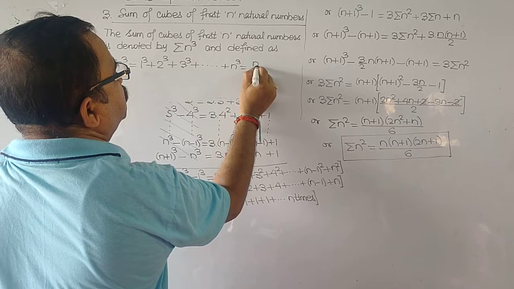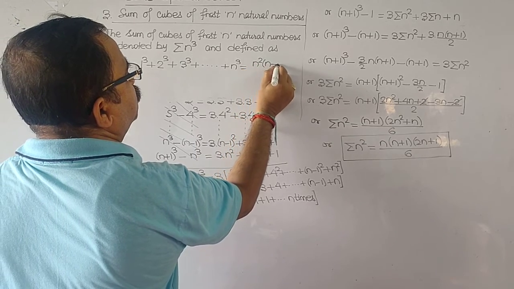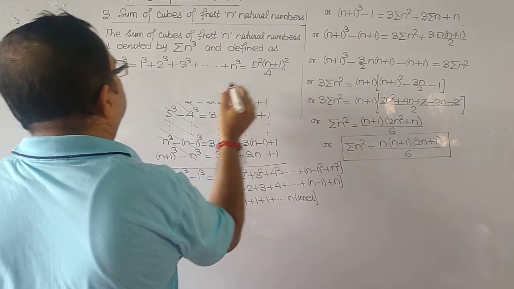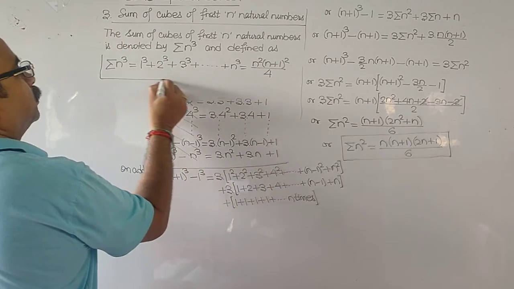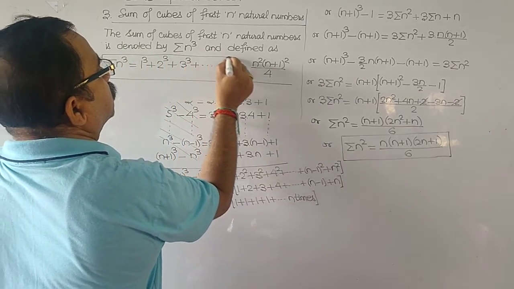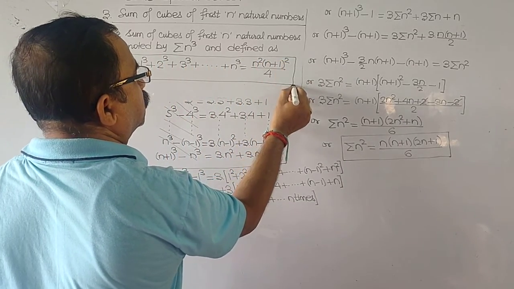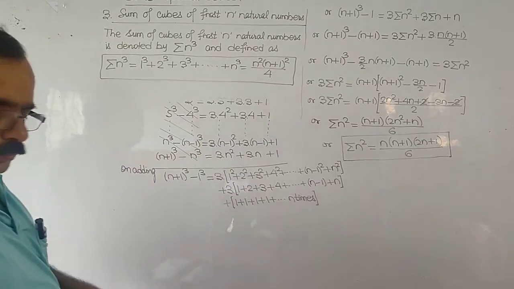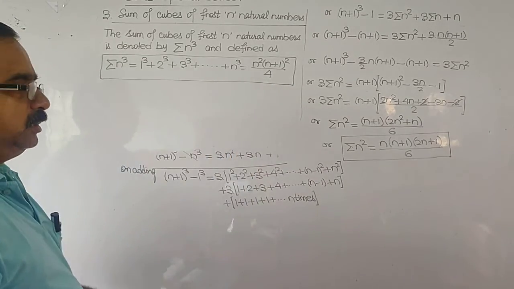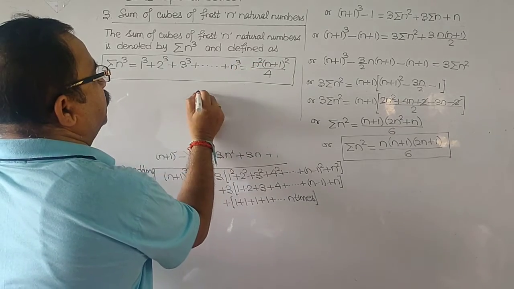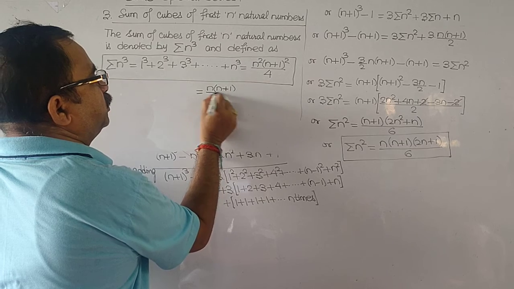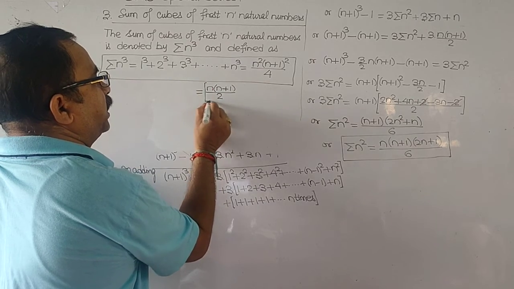This is n square (n+1) whole square by 4. See this, this is (n+1) by 2 to the whole square times n square.